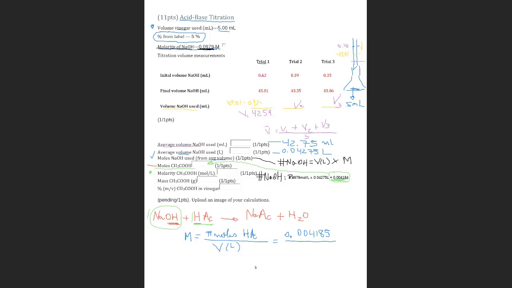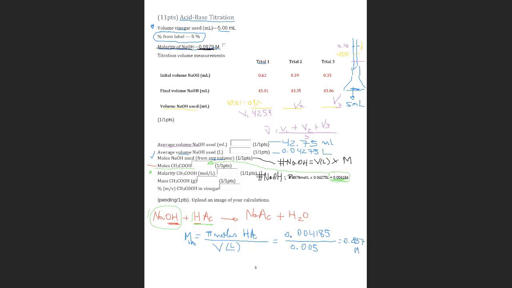So when I calculate the molarity of the acetic acid, I need the volume of acetic acid written in liters. So I will write 0.005 liters, and that will give me, for my data, 0.837 molar.